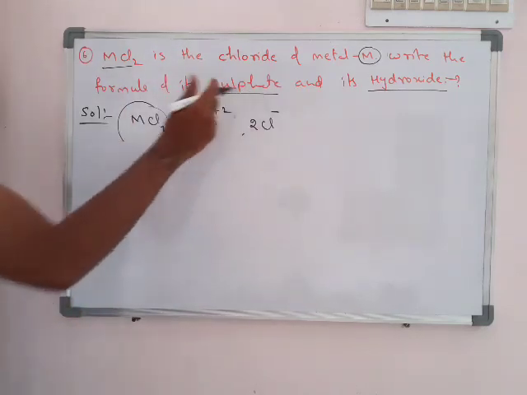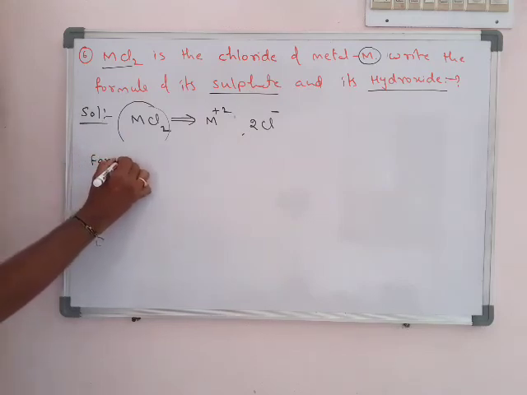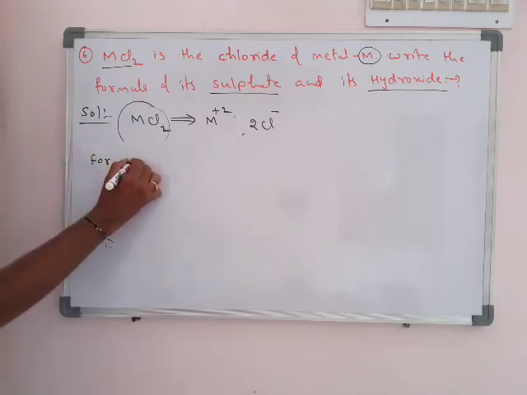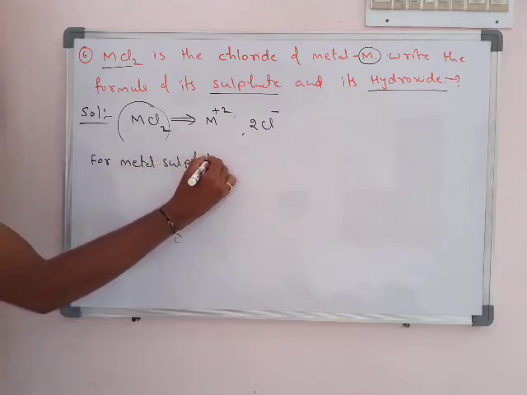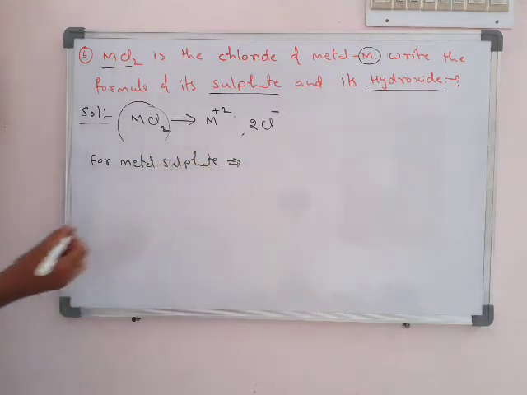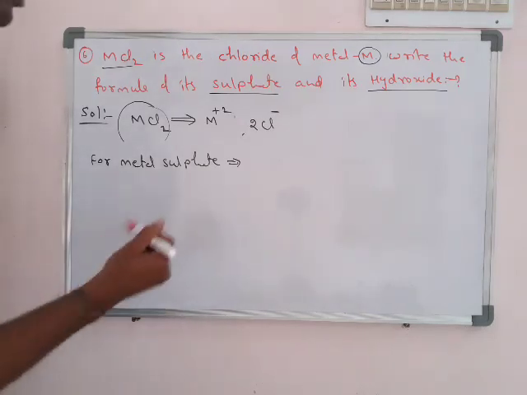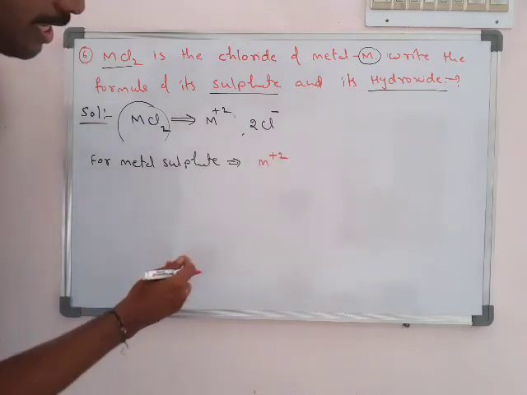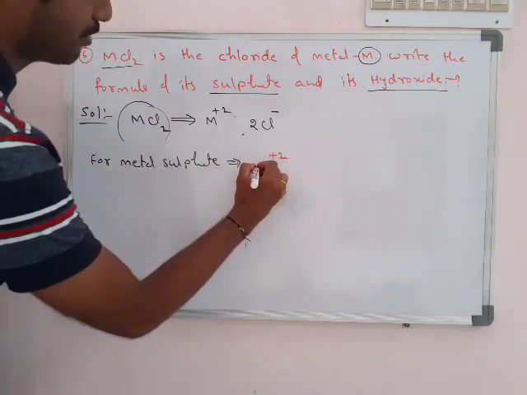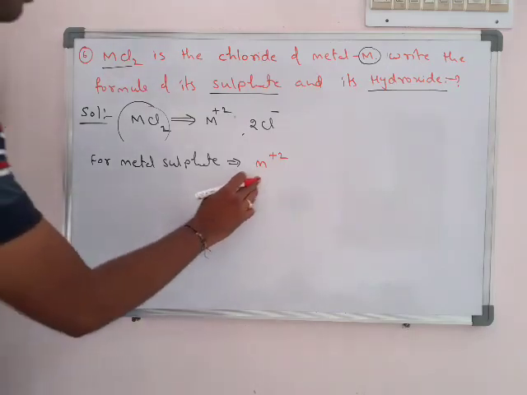So now write the formula for the metal sulfate. What is the metal's position now? The metal is M plus 2, you got it. Just by knowing the ion, we are able to write the formula with the help of the crisscross method. M plus 2.